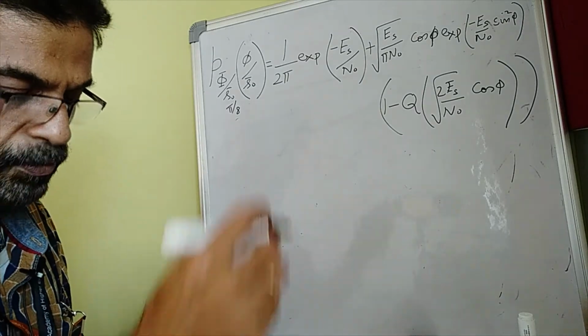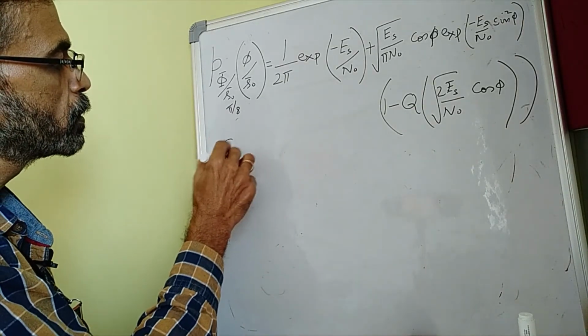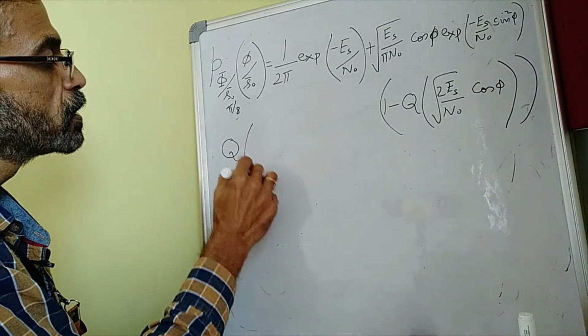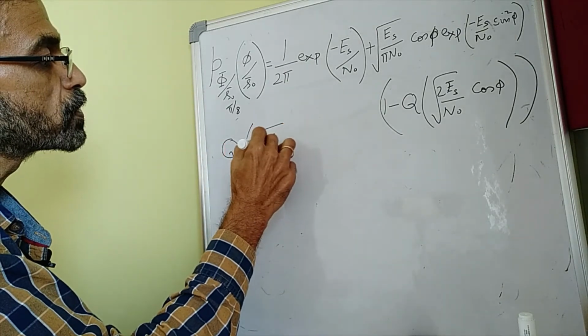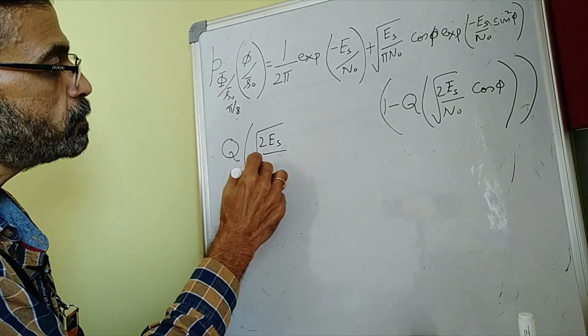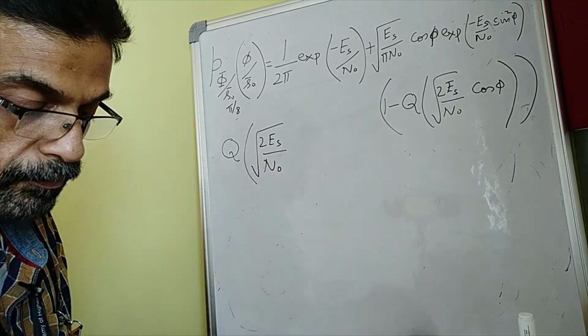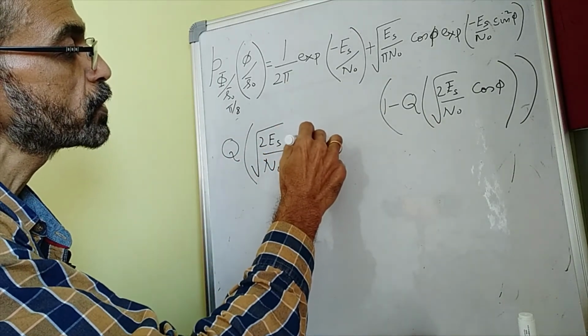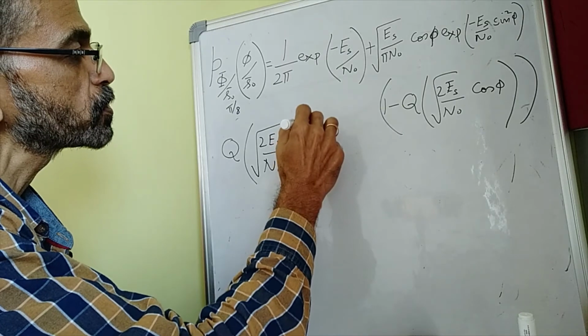And the simplification that we are going to use is, we will approximate, I had discussed the approximation of Q function in one of the earlier lectures. In fact, I had shown you how we arrive at this approximation.